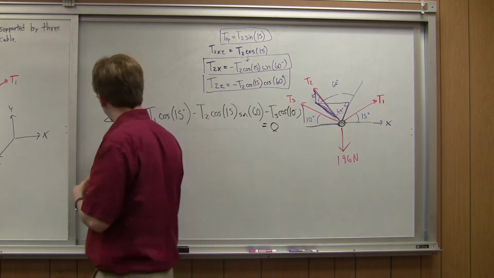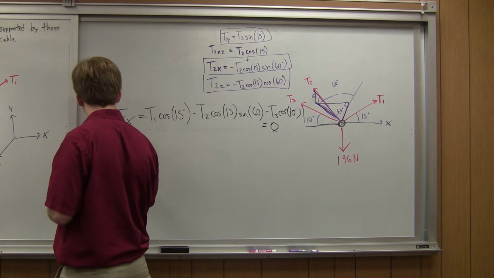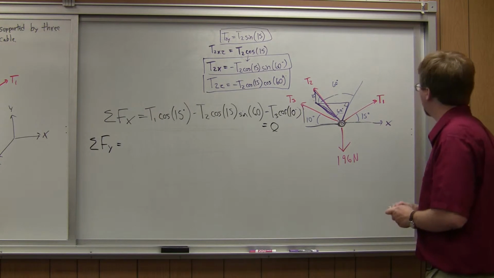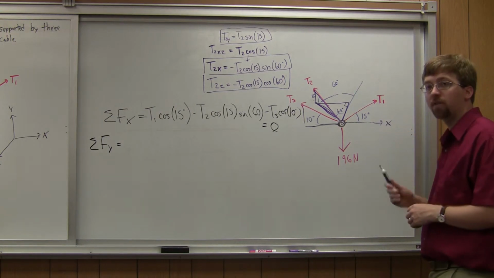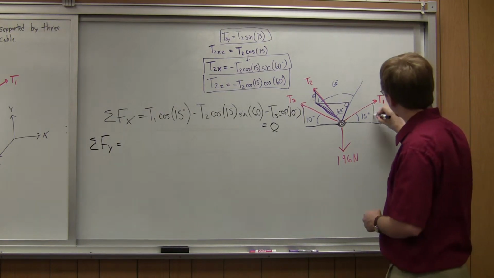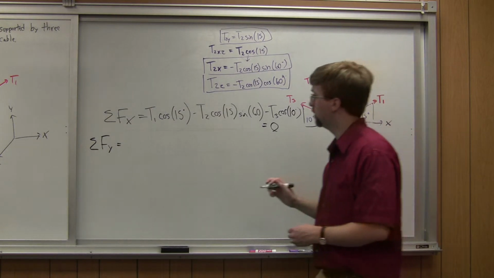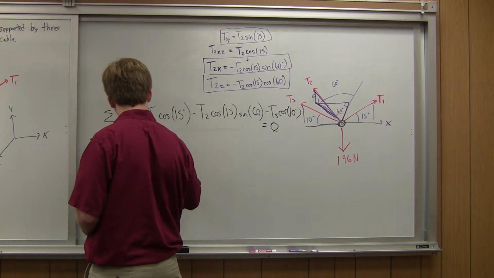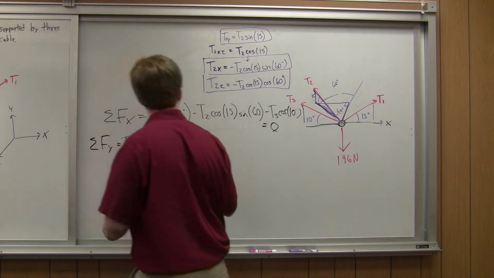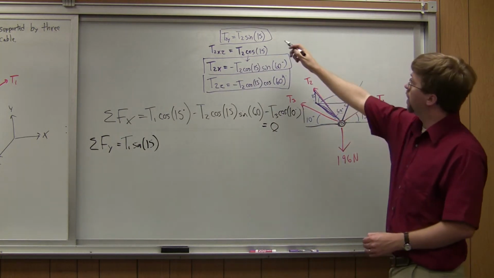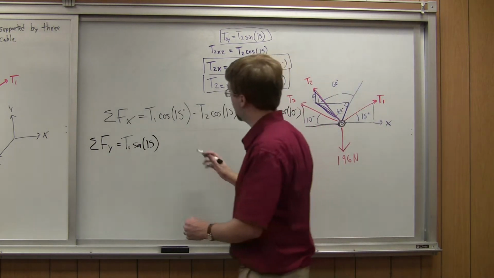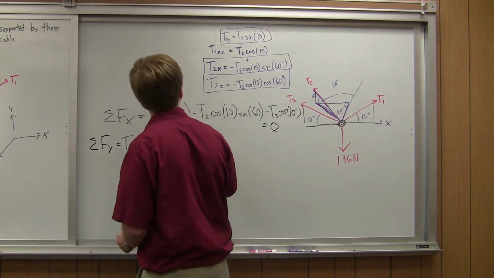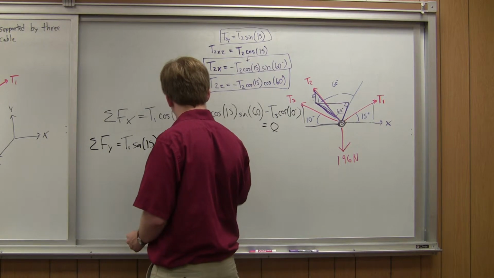All right, so sum of forces in the y. This is going to be a long one. So T1, I've got part of that going up. It's going to be the opposite side, so T1 times the sine of 15. And I already know T2y, so plus T2 times the sine of 15.